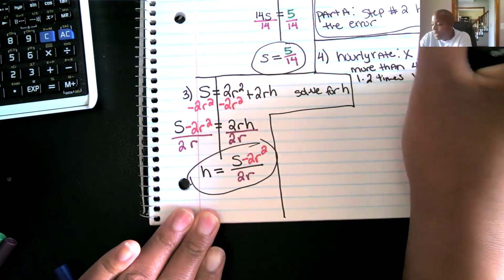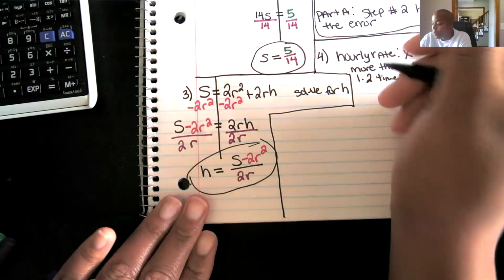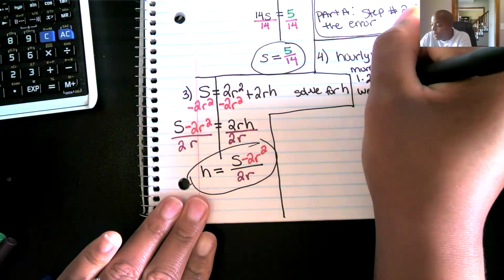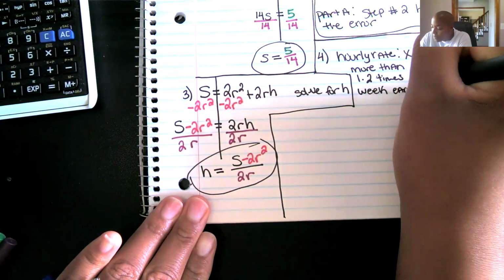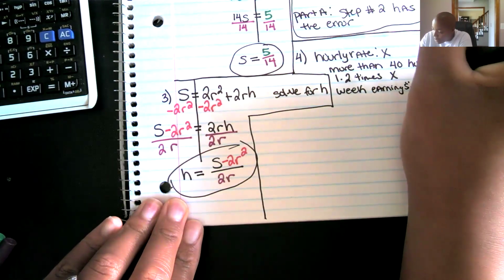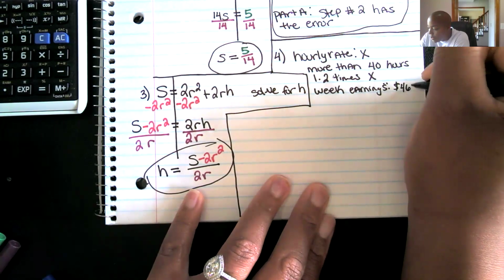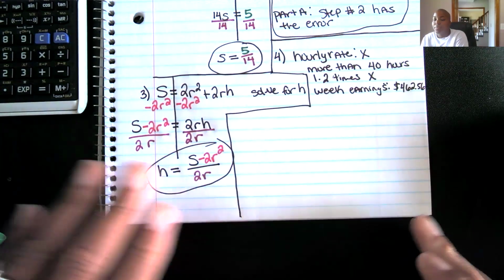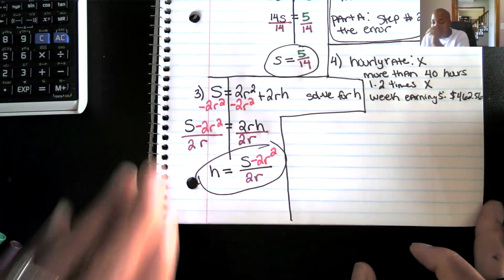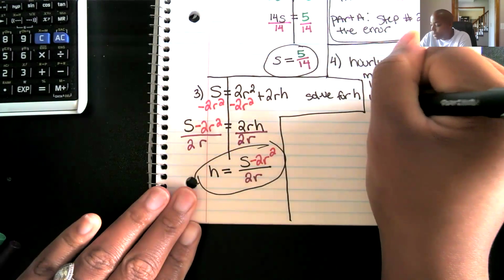Hourly rate is x, so we'll get 1.2 times x. This week, our earnings was 462.56. We have to figure out what is our normal hourly rate. We have enough information to create an equation. All right, and we know we worked 46 hours this week.